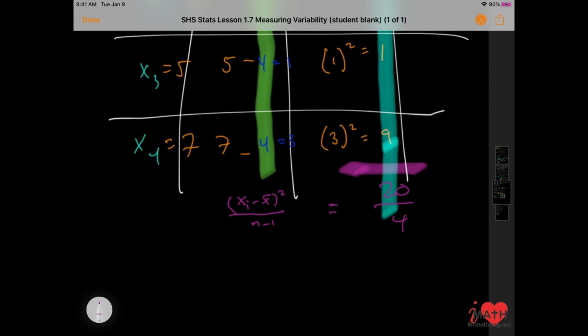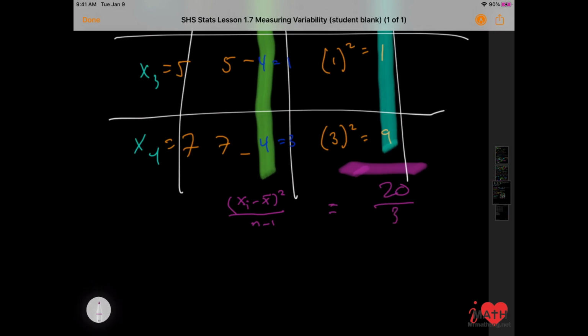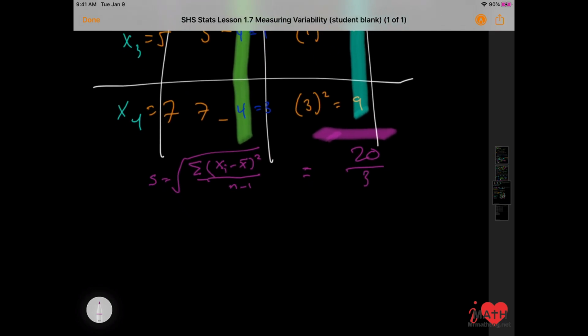So that should have been 3 because n is 4. 4 minus 1 is 3. Let's erase that. And then you added up all of those values, right? That was a 20. And then the last thing we need to do is just take the square root of that number. Okay, so let's go ahead and do 20 divided by 3, and we'll take the square root.